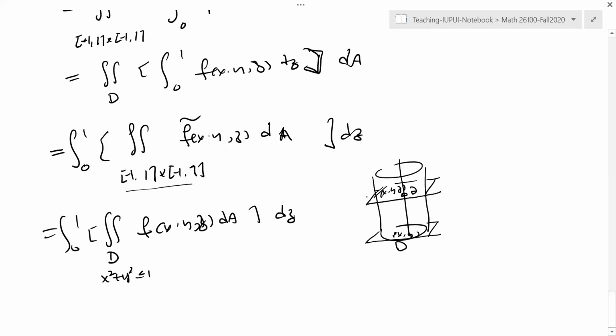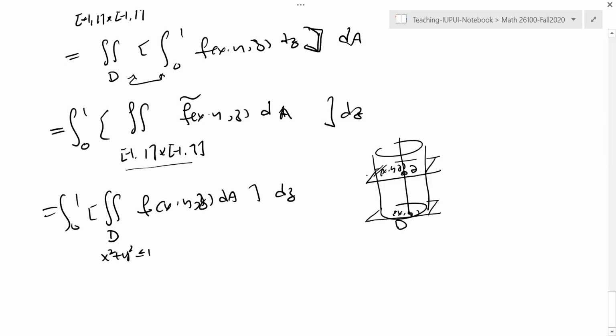So for this example, you basically can exchange these two integrals. One is a double integral, the other one is a single integral. You can exchange it, no problem. And there are many ways to do that. You can begin with a single integral, then have a double integral, and the double integral also can become iterated integrals.